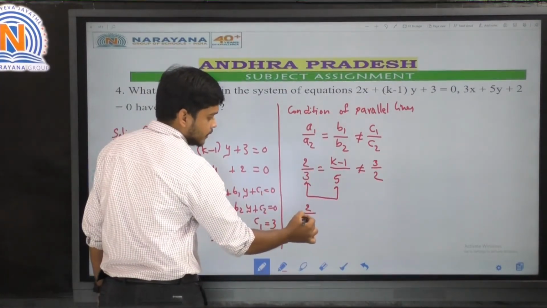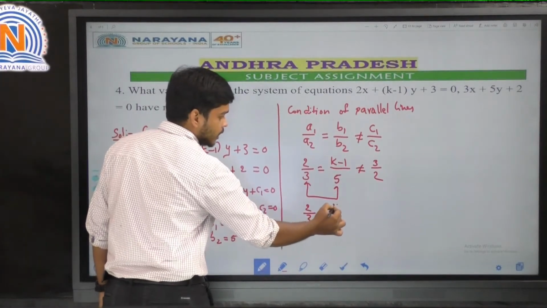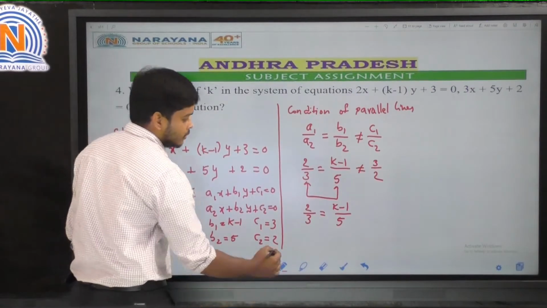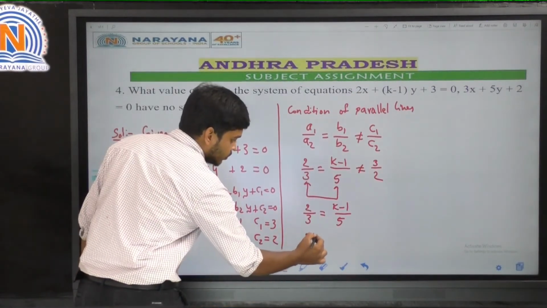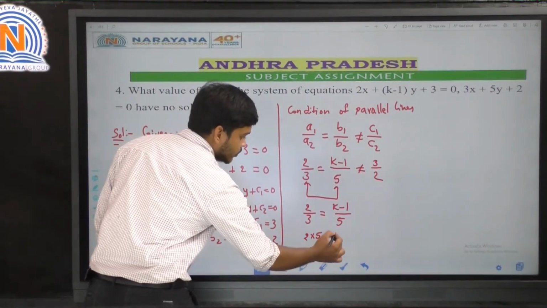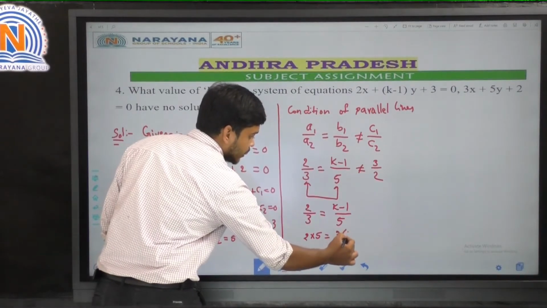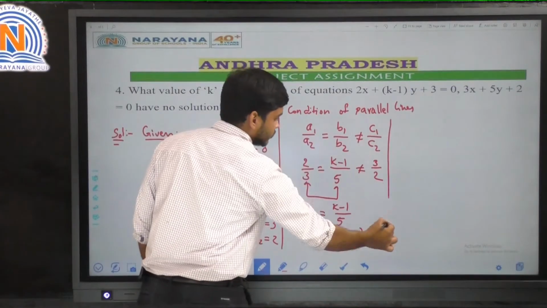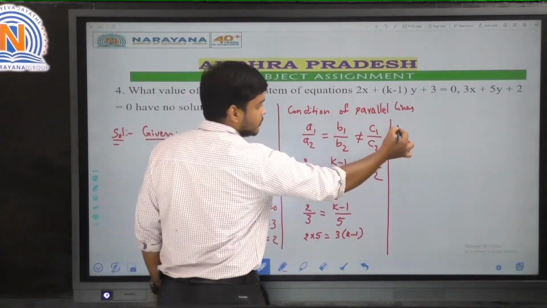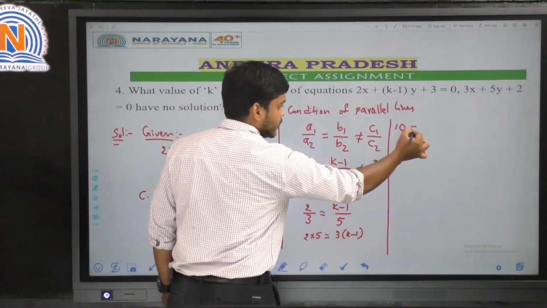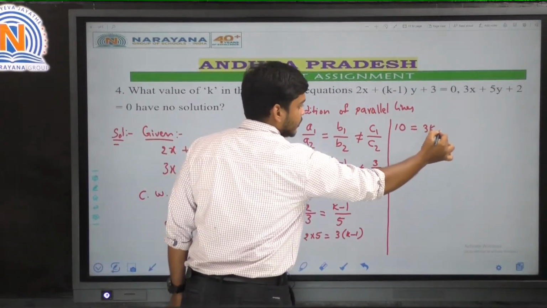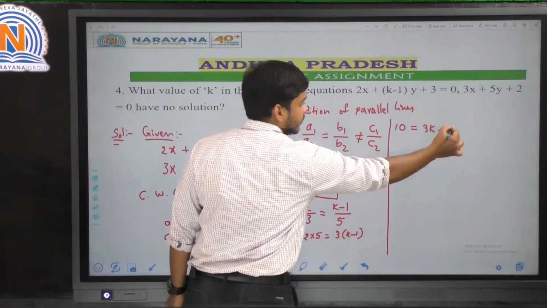So 2 by 3 is equal to k minus 1 by 5. Do cross multiplication. So 2 into 5 is equal to 3 into k minus 1. 2 fives are 10 is equal to 3k minus 3 ones are 3.